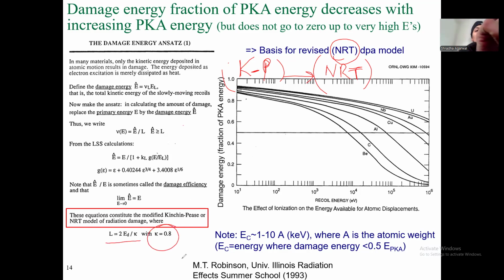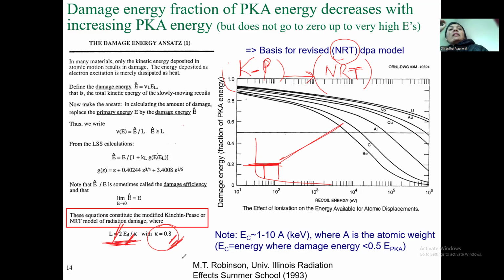This was your initial thing, 2 ED, where you will see that 2 ED was there in the curve. Remember, at 2 ED, only one displacement happens. Now they also introduced something called 0.8, and the formula should be somewhere in the next slides. They introduced some term of efficiency in the denominator, at 0.8.